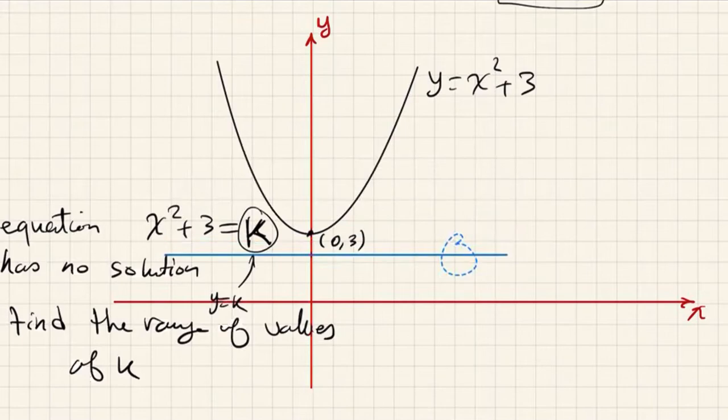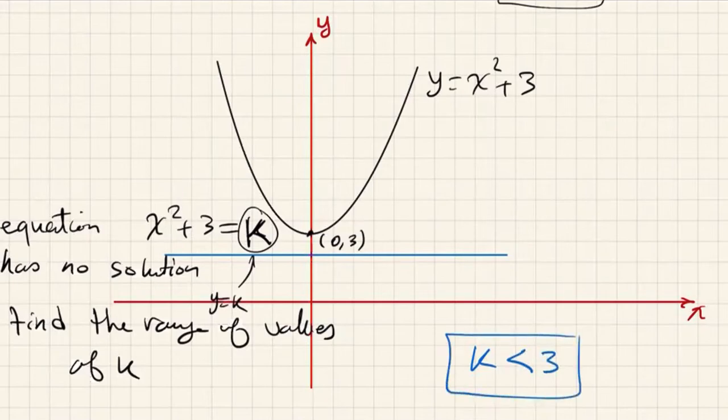So k has to be less than 3 to give no solutions. Did you get it? Yes, sir. So k has to be smaller than 3. This is the range of values of k which satisfies that x squared plus 3 equals k has no solution.